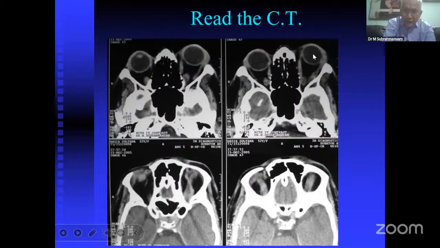So there's a severe proptosis of the right eye. The medial rectus and the muscles are enlarged, and you can see that the superior ophthalmic vein is engorged when compared to the other side, which is thin like this. So it is a case of carotid cavernous fistula.